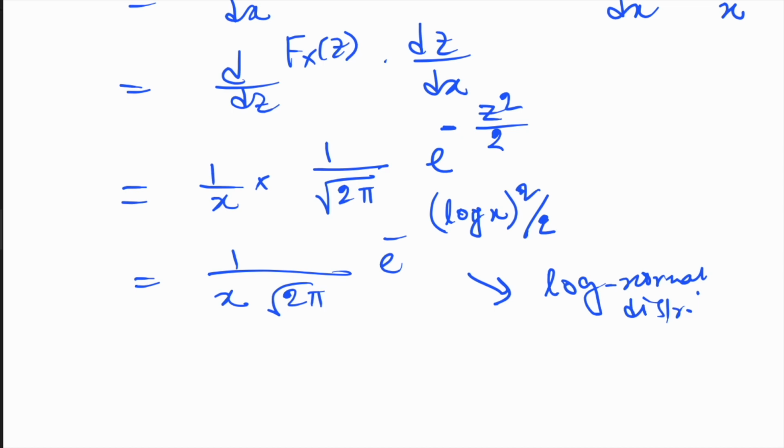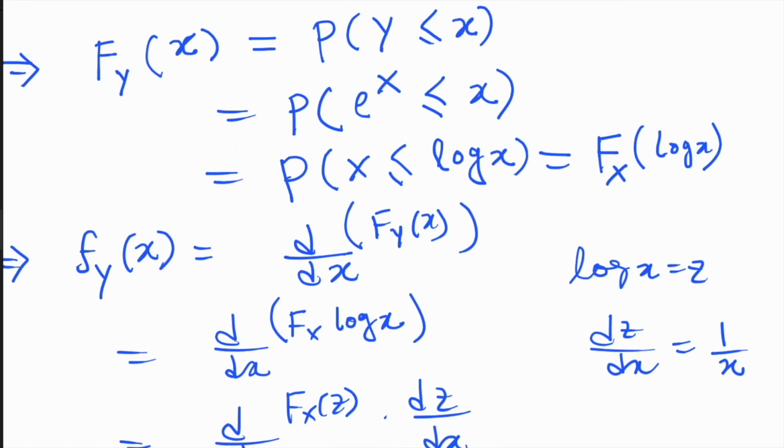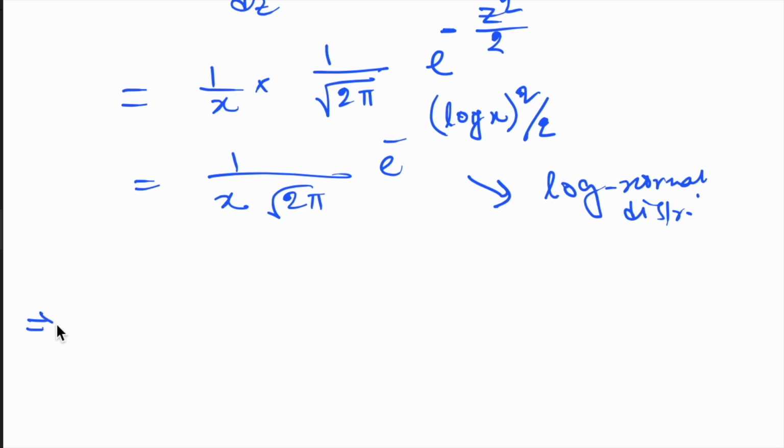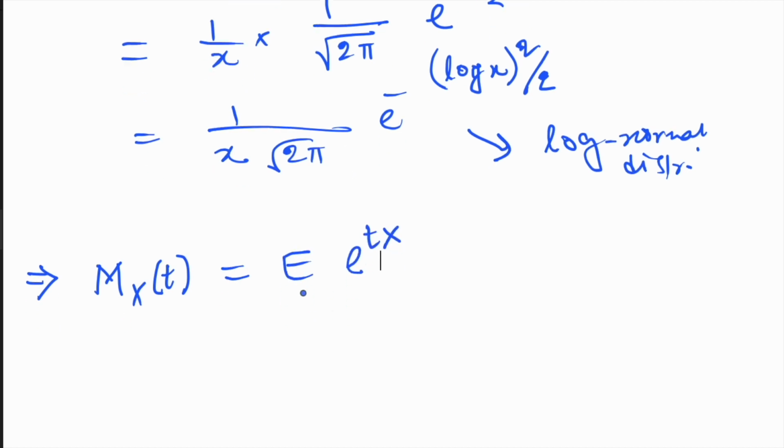Now let's calculate its mean. To calculate it, let's first see what the moment generating function of the random variable x is. F of x at point t is the expectation of e to the power tx. Let's calculate it.